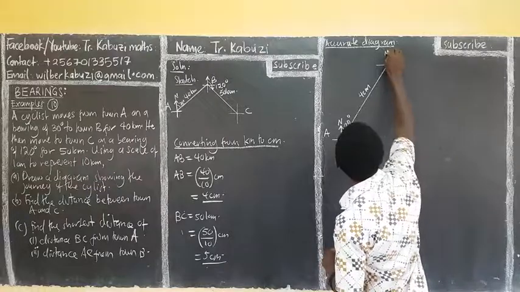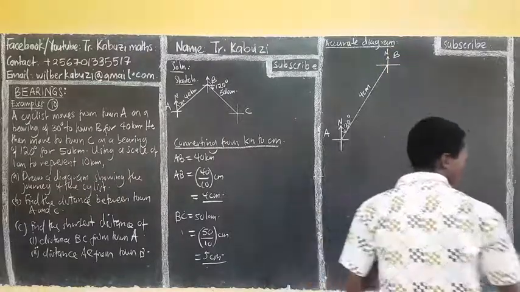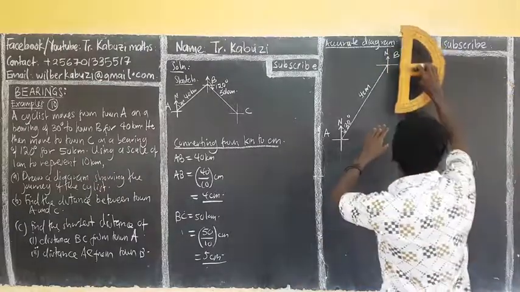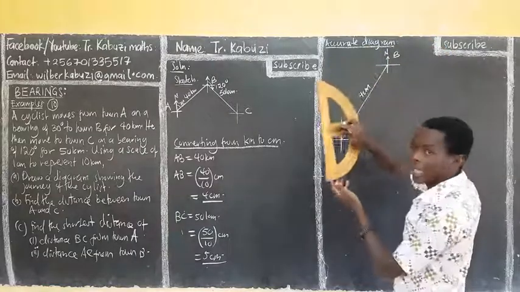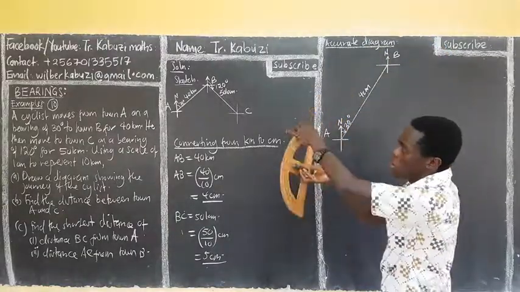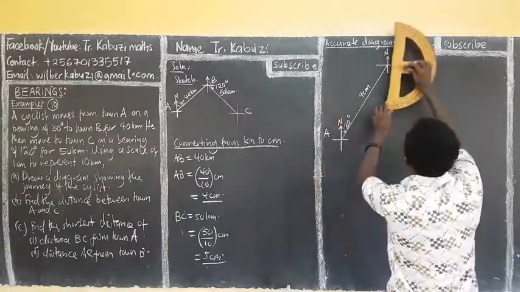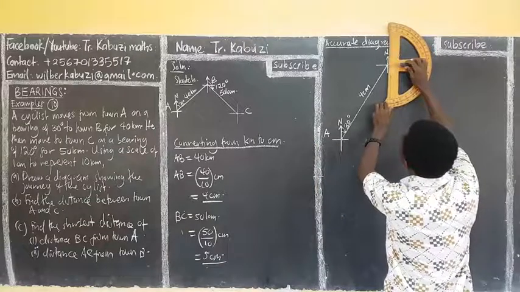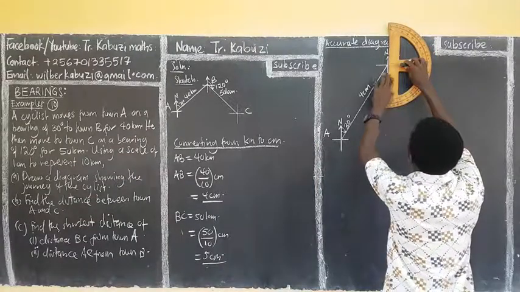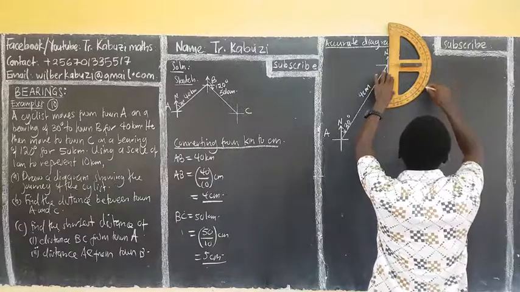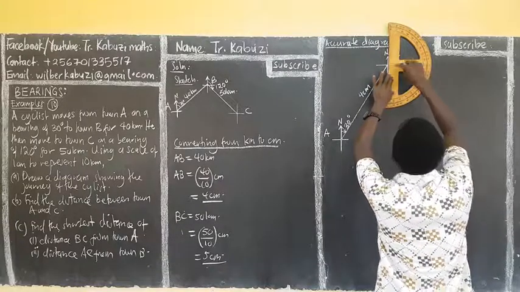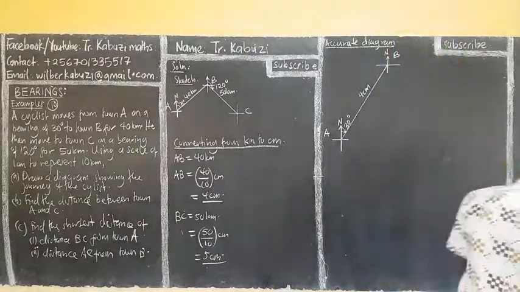This is the north. So from the north we measure 120 degrees, with our protractor in this shape or this shape in bearing. So then I measure off my 120 degrees. My 120 is here.